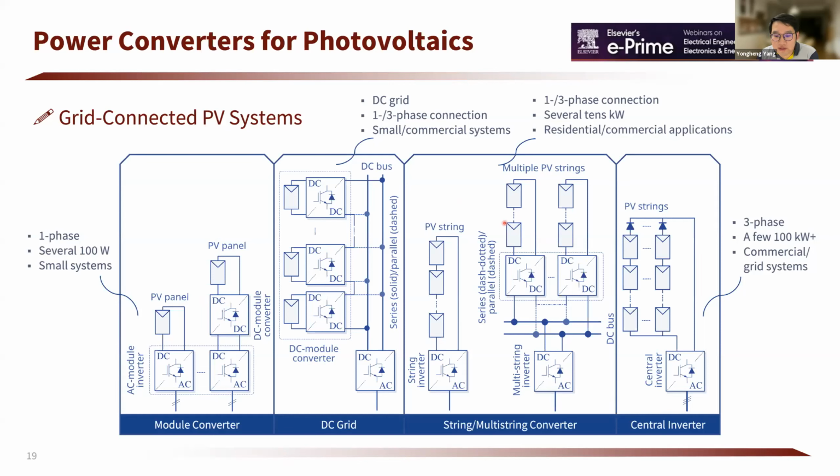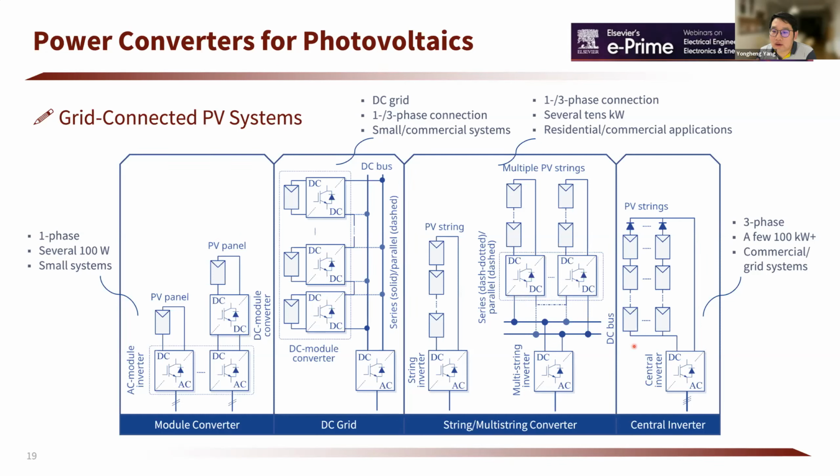And for residential or commercial applications, typically we use either a string inverter or multi-string inverter, as shown on this slide. The typical power rating for such a system is several kilowatts up to several tens of kilowatts.